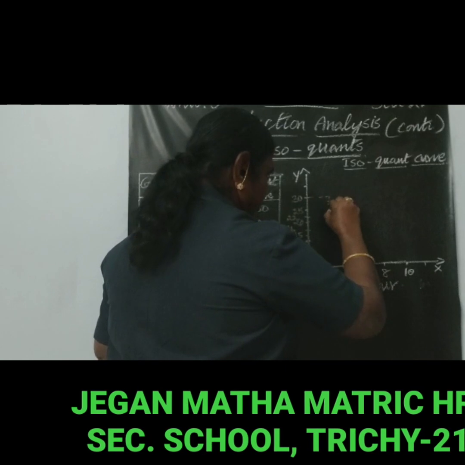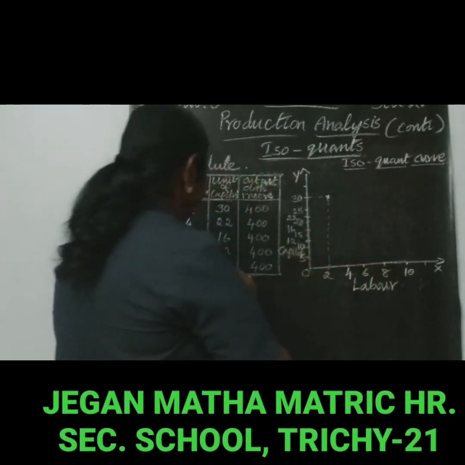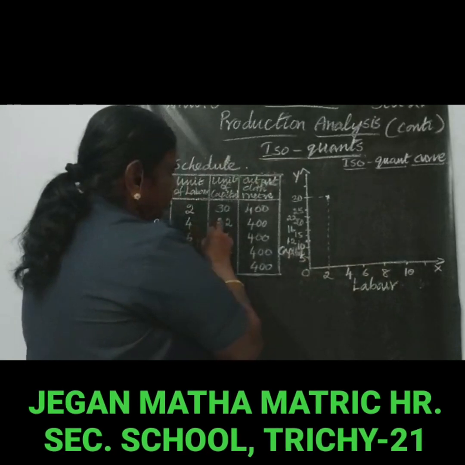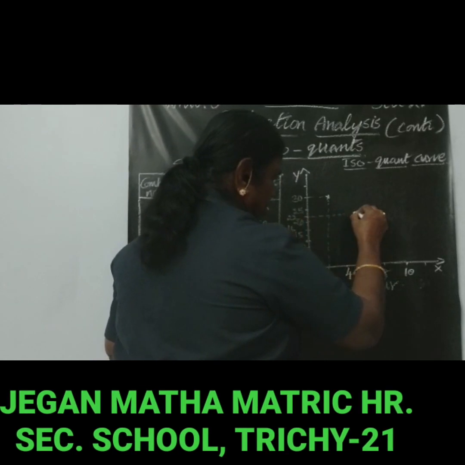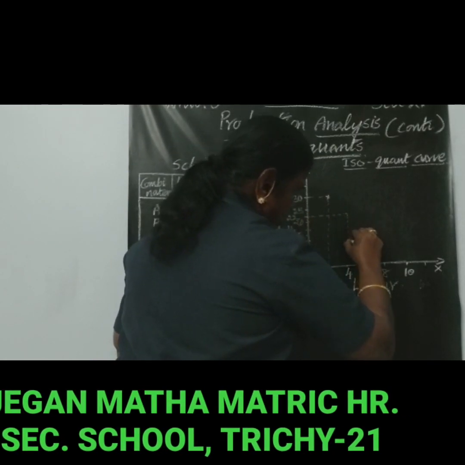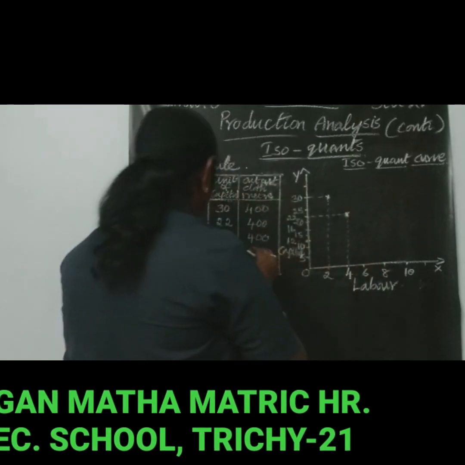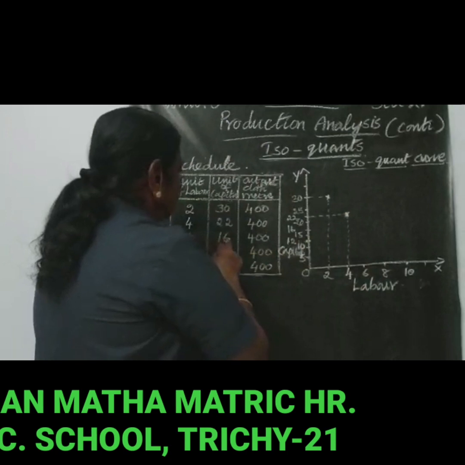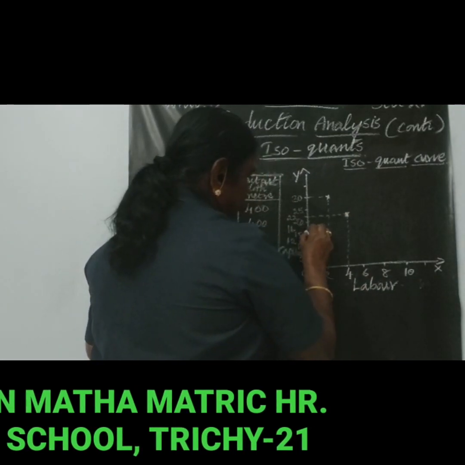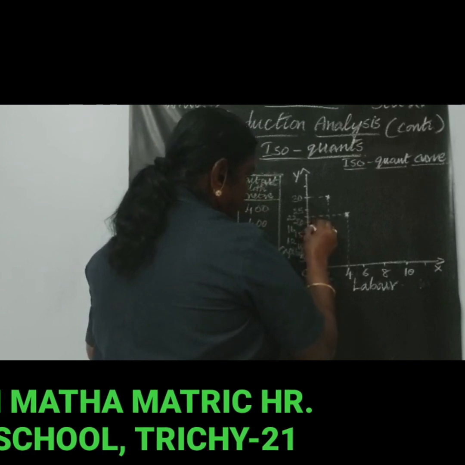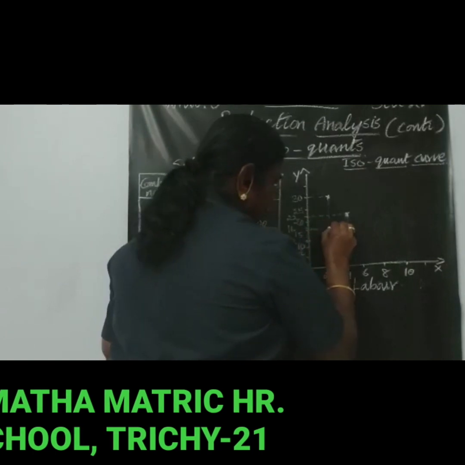Then second, 4 units of labor, 22 units of capital. And third, 6 units of labor, 16 units of capital.